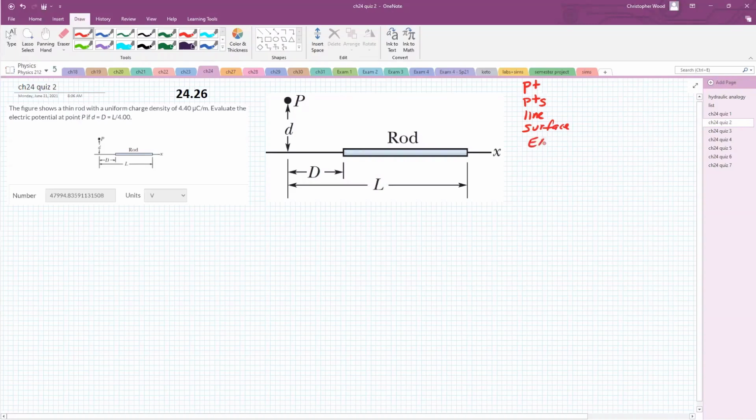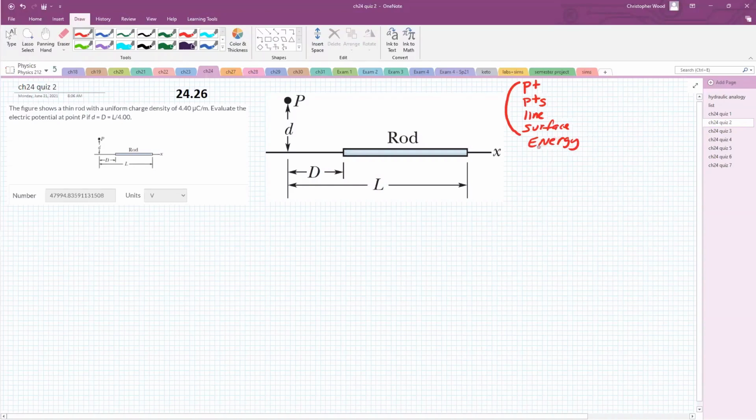So these are the major categories in chapter 24. We need to figure out how to calculate the voltage at a given point due to a point or a system of points or a bunch of points glued together like what we have here, or a surface like a plate, a circular plate or a rectangular plate, stuff like that.